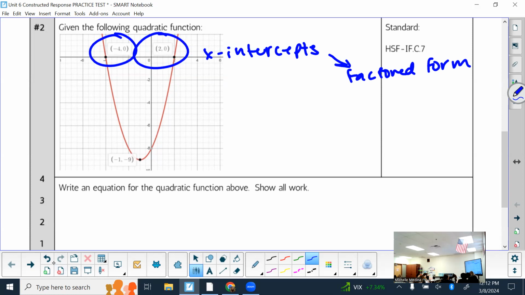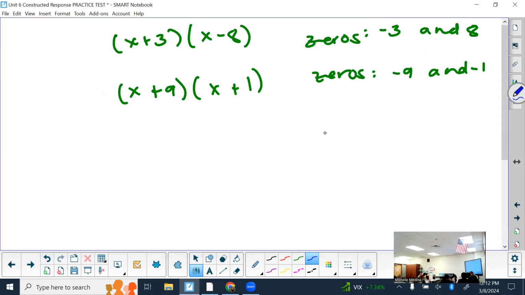So all of what we've been doing before was we were given the equation and told to identify the zeros. So here's a few examples. Here's another one. All right, what are the zeros for this random example that I made?